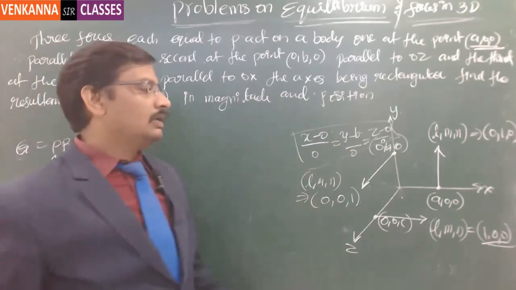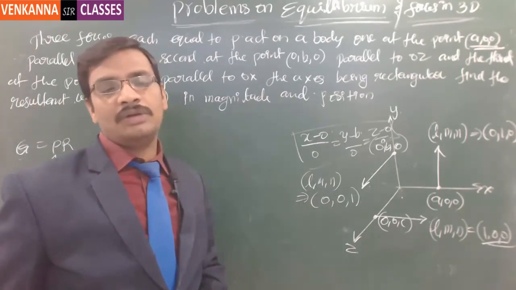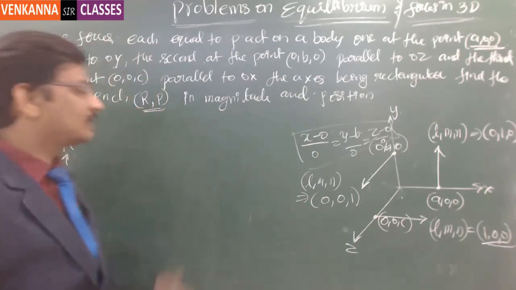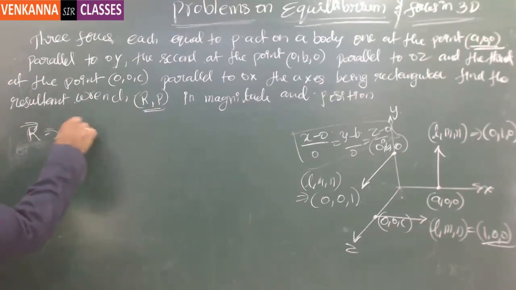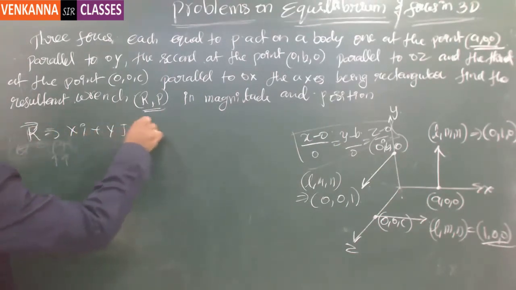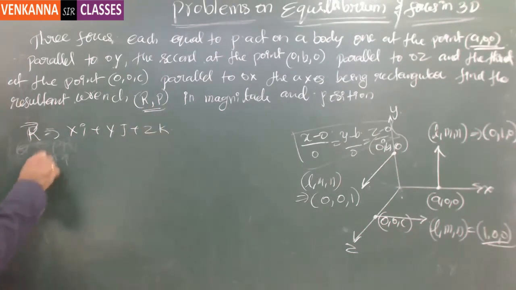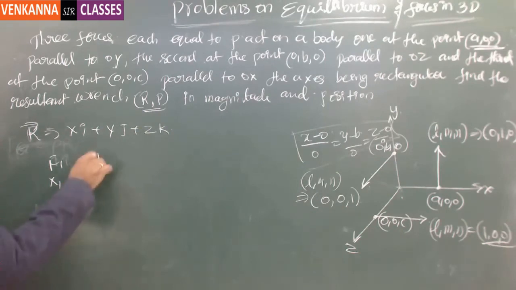If you are able to correlate these two, then you understood the problem statement completely. The procedure is again the same, whatever we have done in the previous class. So you will be calculating the R value, R = xi + yj + zk, and for F1 we place x1, y1, z1, for F2, x2, y2, z2, like that.